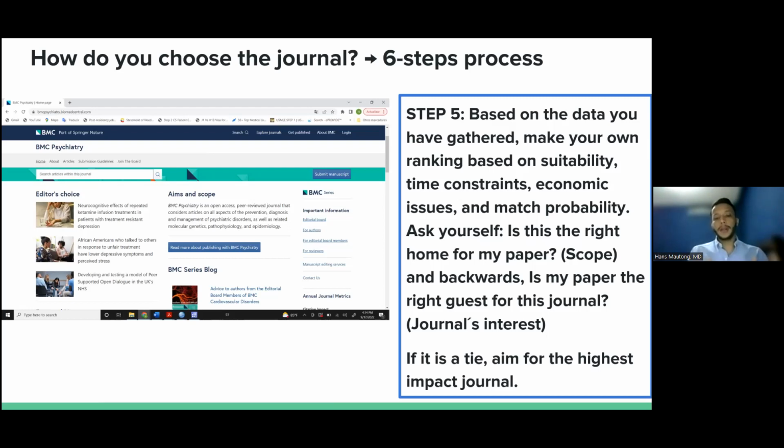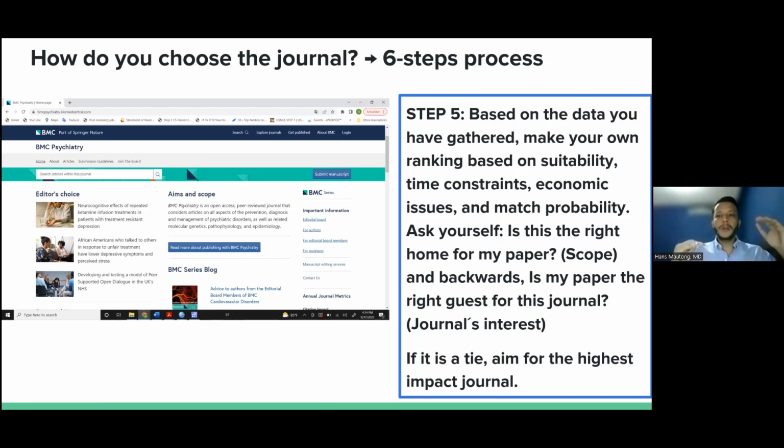Or at times journals have a particular collection of papers. For example, because of the pandemic, some journals have a specific collection on COVID-19 and mental health issues. So if a particular journal has this collection, they will be pretty much interested in my work about depression, anxiety, stress, and COVID-19. Makes sense, right?